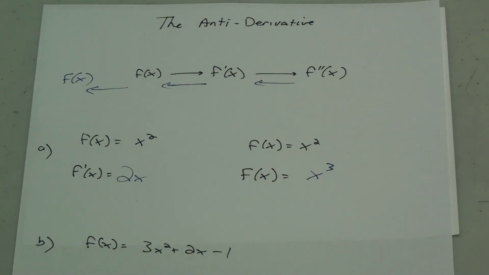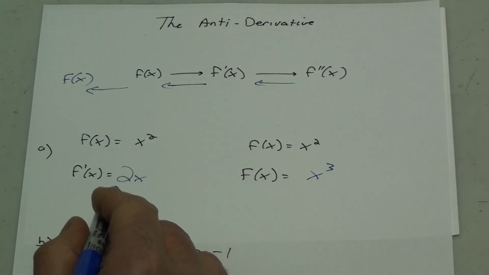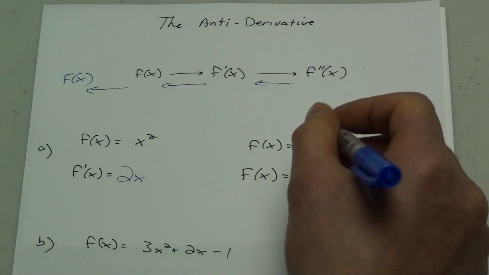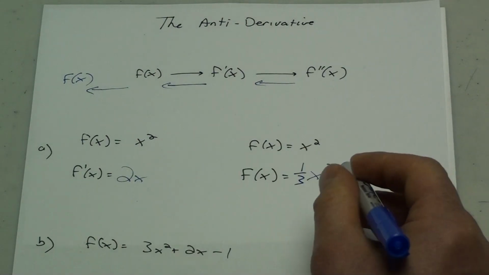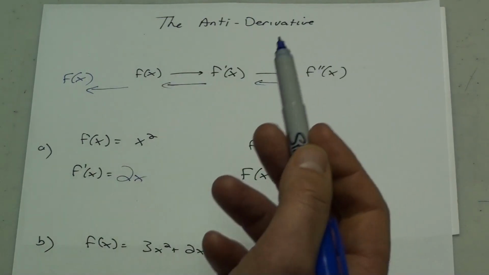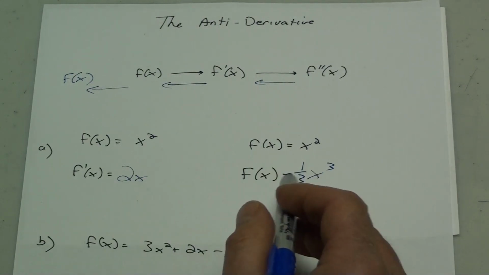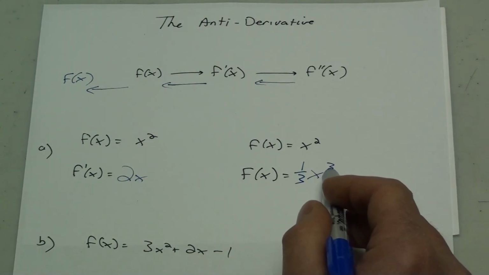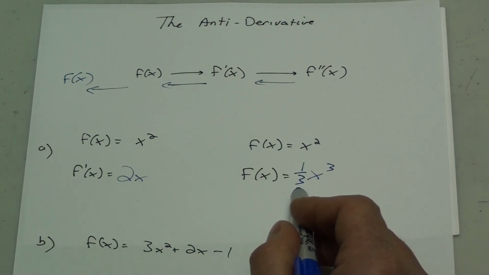And instead of multiplying by the exponent, I divide by the raised exponent, so I'll do 1/3. For the derivative, I brought the exponent down and reduced it by 1. For the antiderivative, I raise the exponent and divide by the raised exponent.